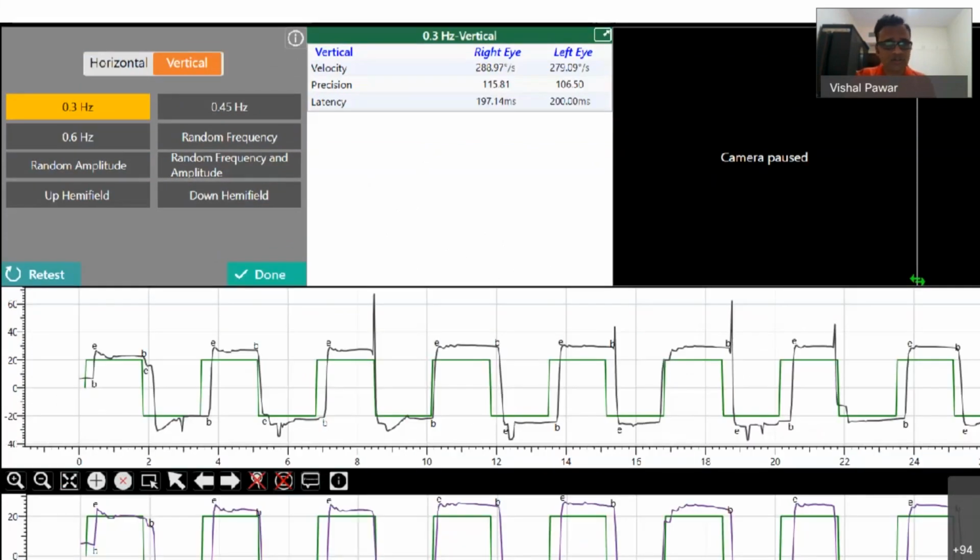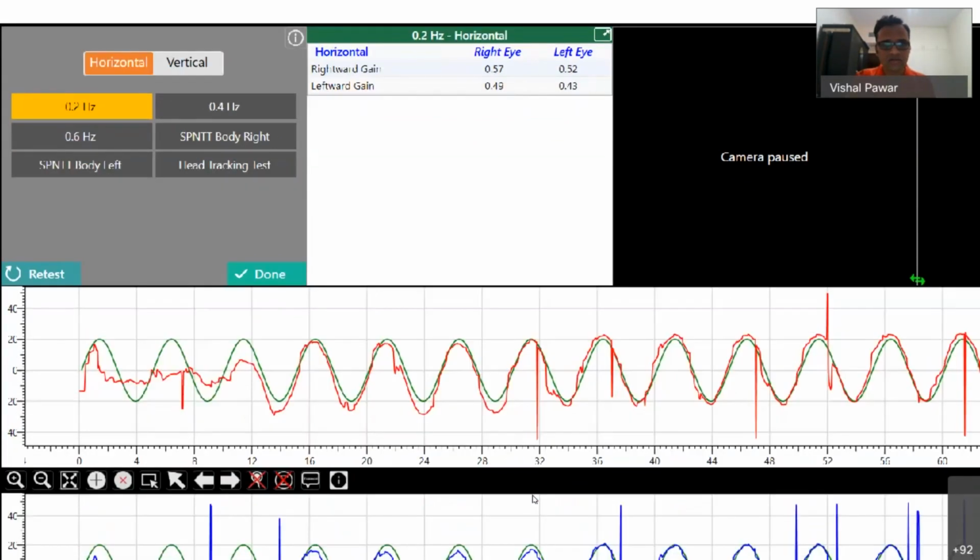Now coming to the next findings, in this patient the vertical saccadic movements were preserved, but there was upbeating nystagmus when the eye moves up. If you can see, this is smooth pursuit.